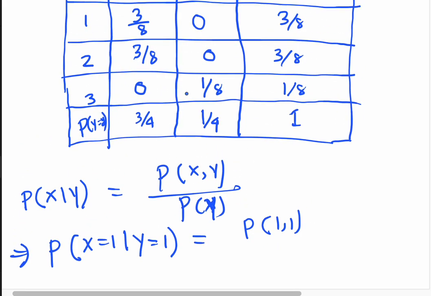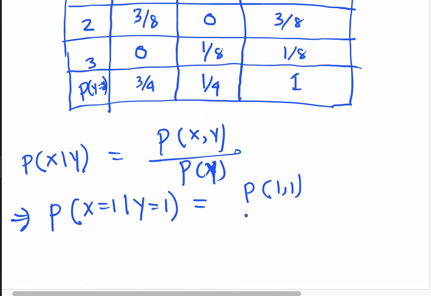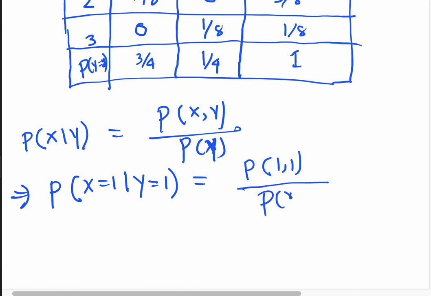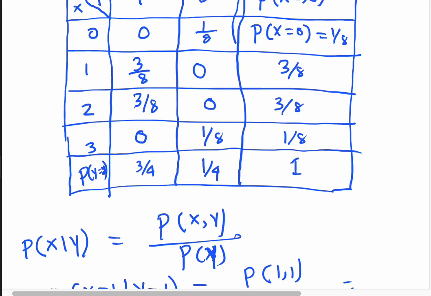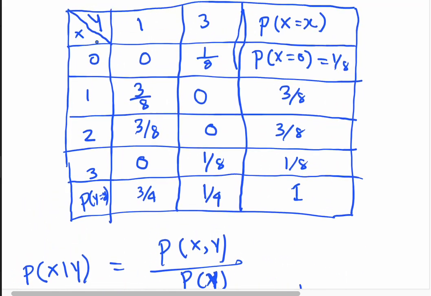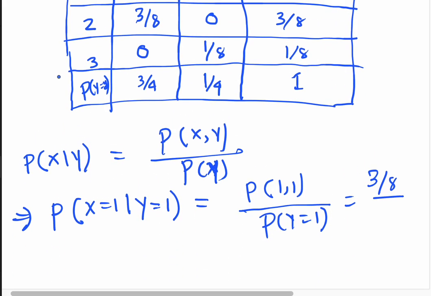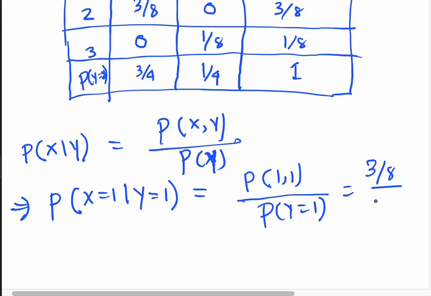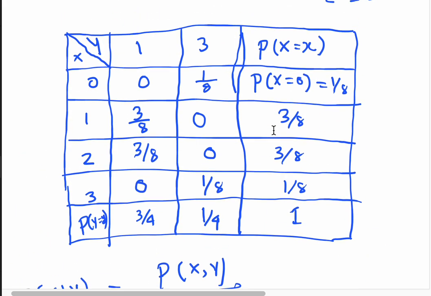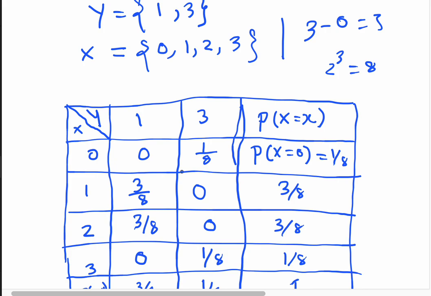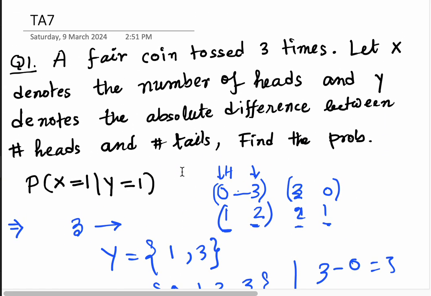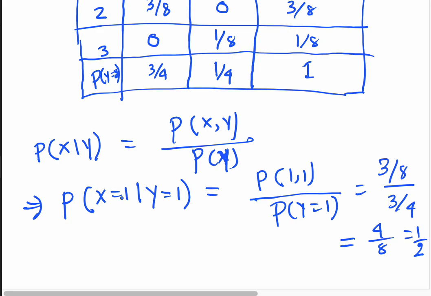So P(1,1) is 3 by 8, divided by P(Y=1). P(Y=1) is 3 by 4, and P(1,1) is 3 by 8, so this is 3 by 8 divided by 3 by 4, so this is 4 by 8, this is half. So the probability is half. This is the first question. Find the probability P(X=1 given that Y=1), it comes out to be half.